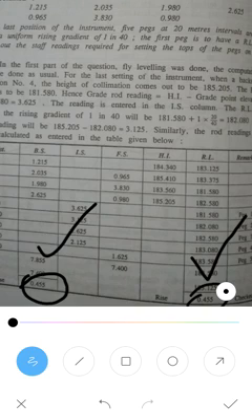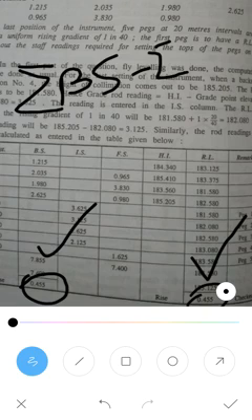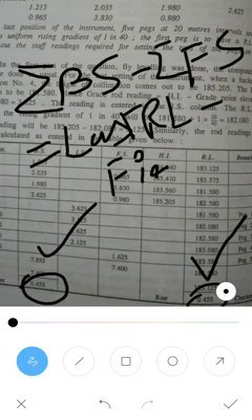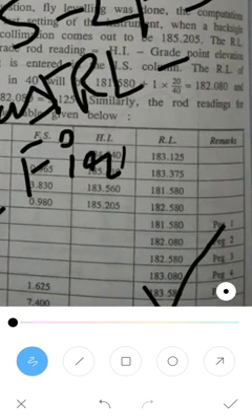So the formula is: summation of BS minus summation of FS is equal to last RL minus first RL.